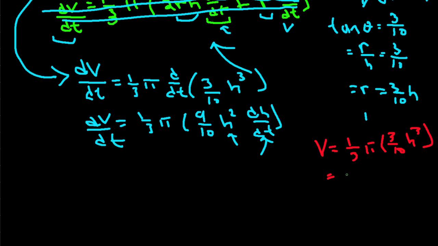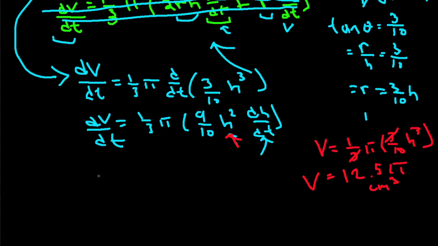So let's go ahead and cancel the 3's there. 125 divided by 10 is 12.5 pi. That's the volume, 12.5 pi cubic centimeters. But I didn't need that. We just need to know, we already have h. I don't know why I did that.